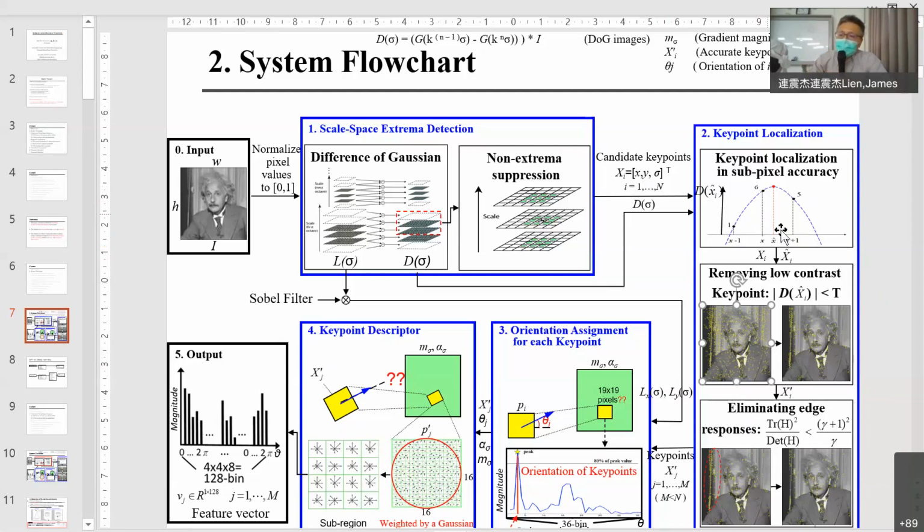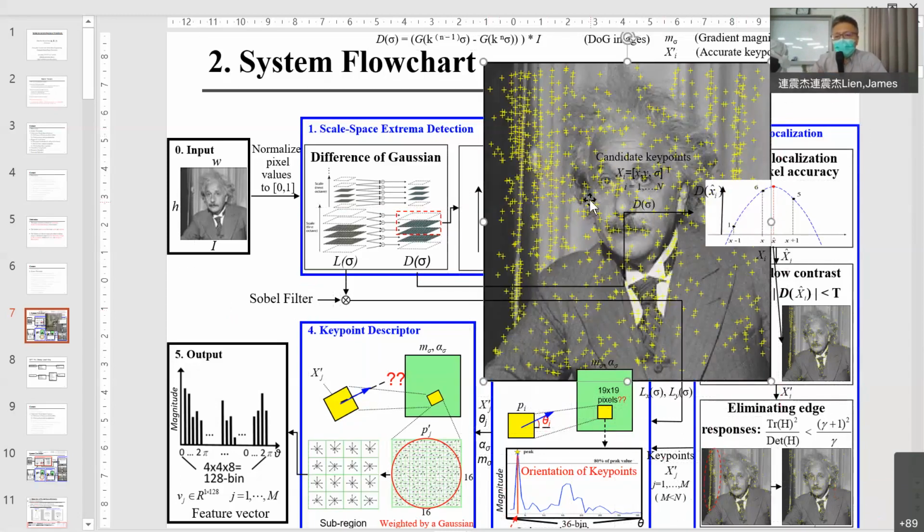After you have a higher accuracy, the next step is to remove the low contrast. What's low contrast? It means low magnitude. You do the edge detection with a threshold. After the threshold, you keep some points.